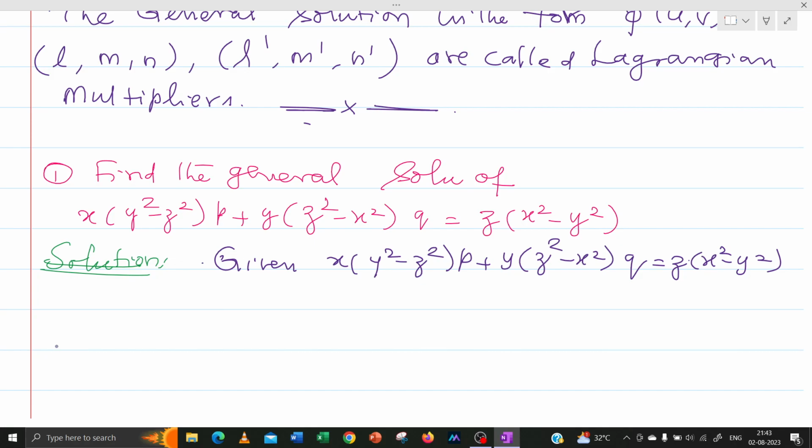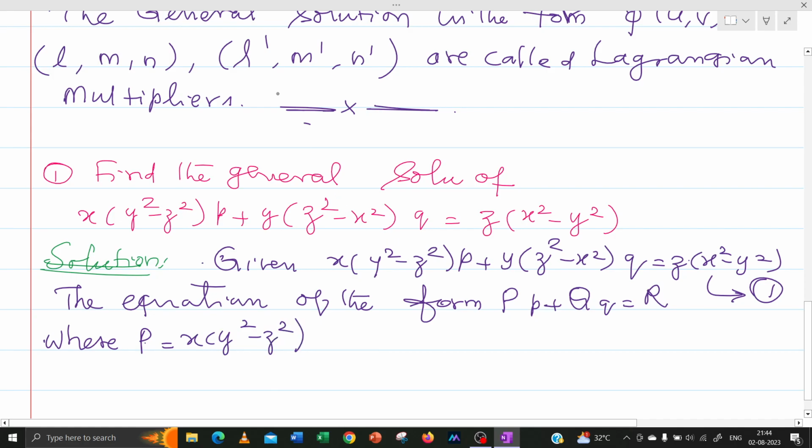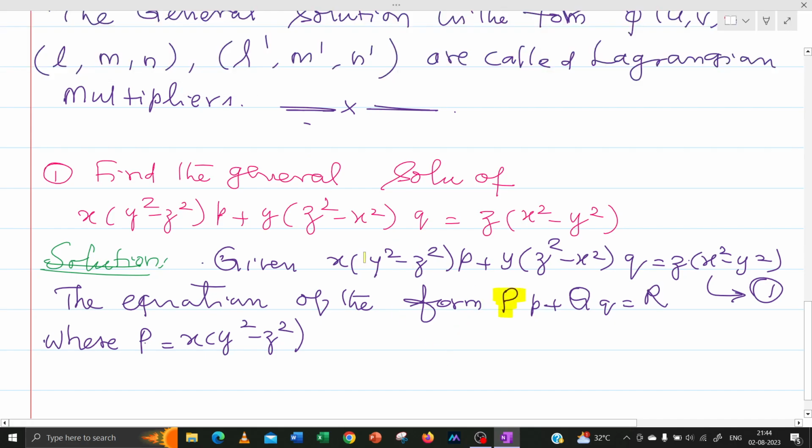So what is the form of the equation? The equation of the form capital P small p plus capital Q small q equal to R. So what is the given equation? Equation number 1 is in the form where capital P equal to x into y square minus z square. That means comparing, in the place of P, x into y square minus z square is there.